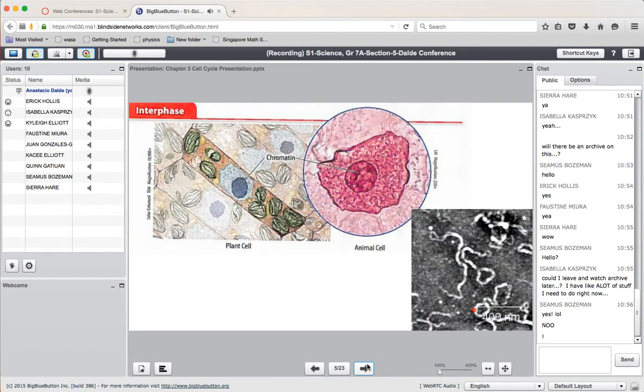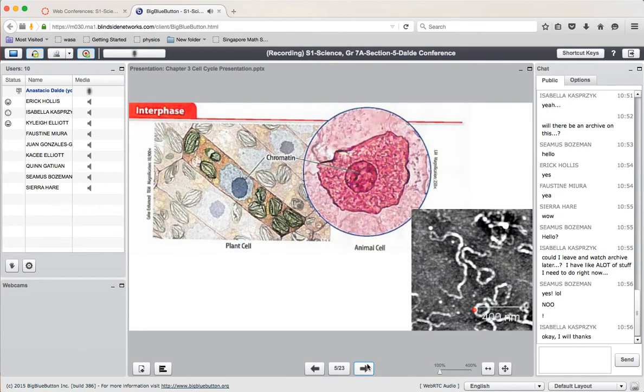All right. Now, one of the things that happens in the interphase is that the nuclei of an animal cell and plant cell contain long, thin strands of DNA, and it's called chromatin.